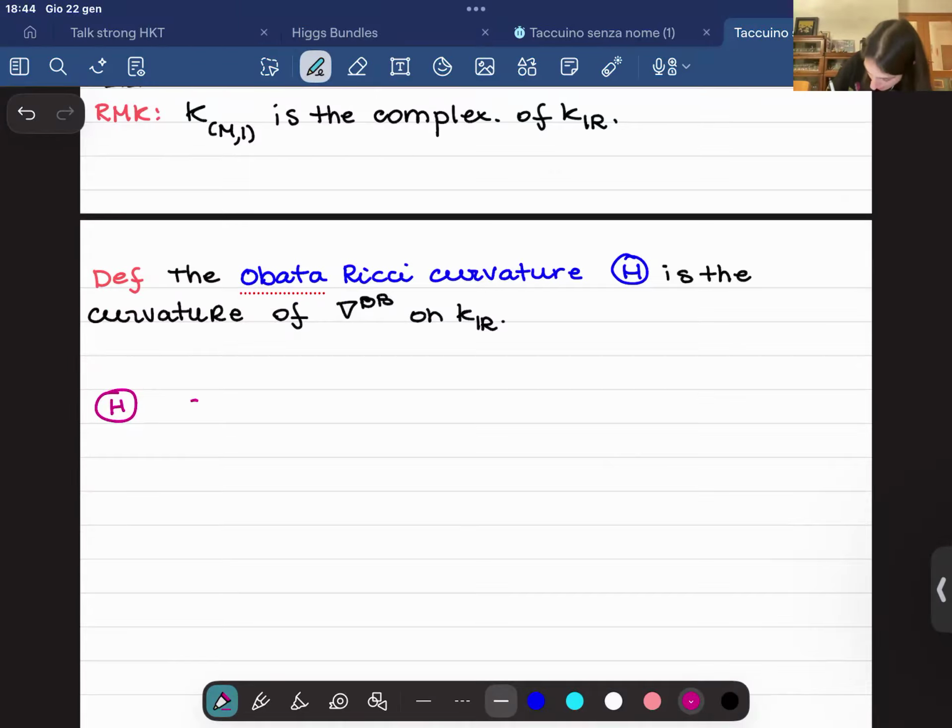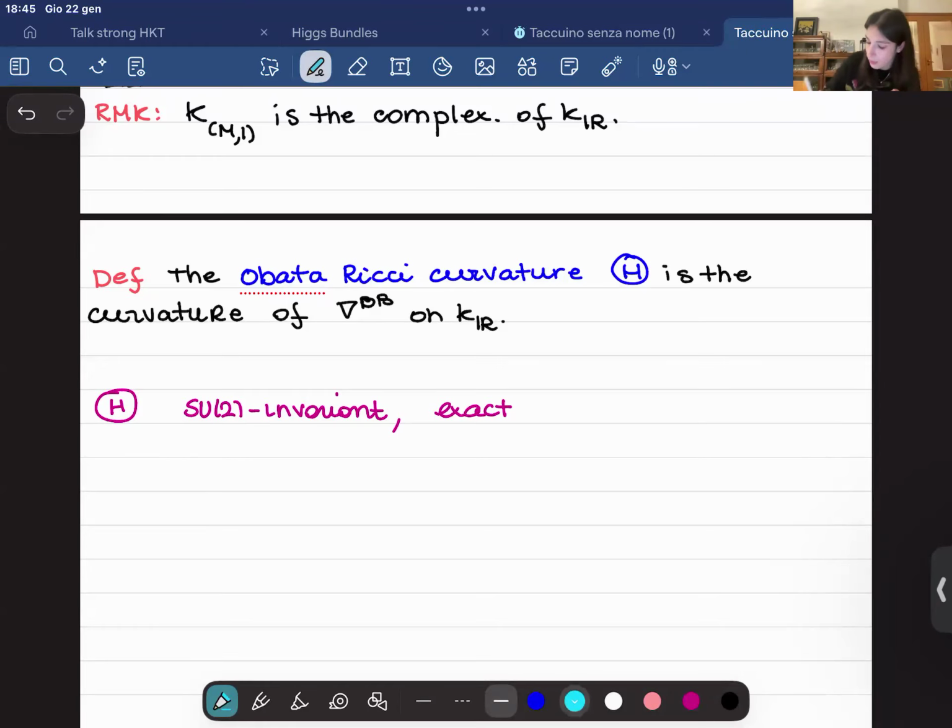The first is that this is Sp(2) invariant, and by Sp(2) invariant, I mean that this is IJK invariant, so invariant with respect to I, J, K. And furthermore, this is exact.